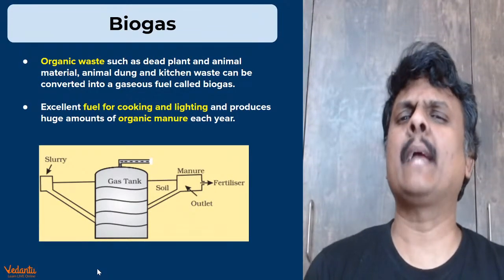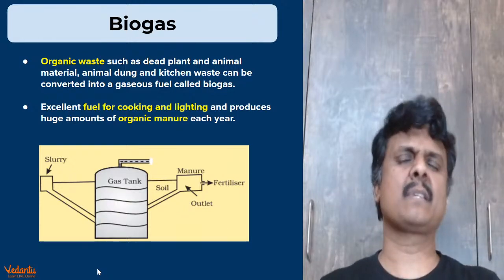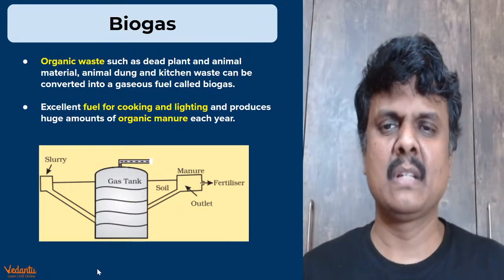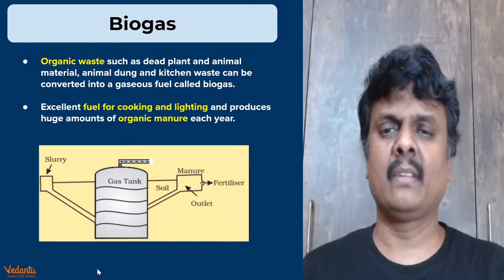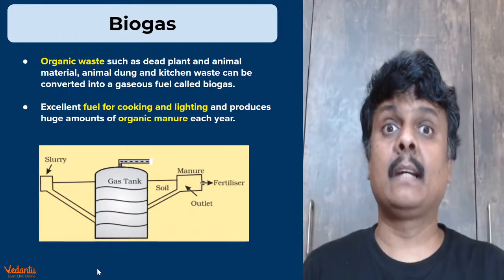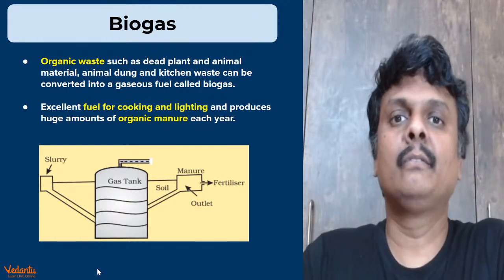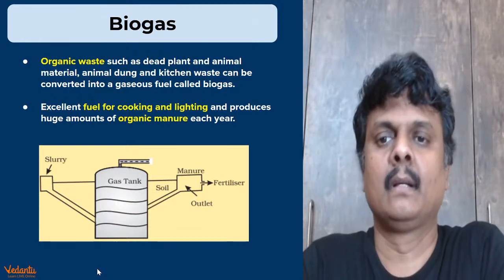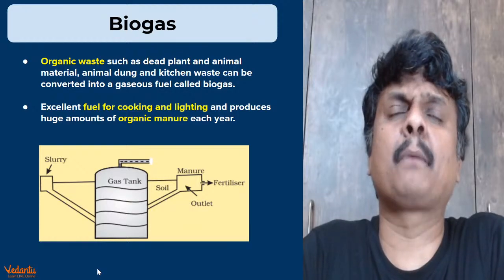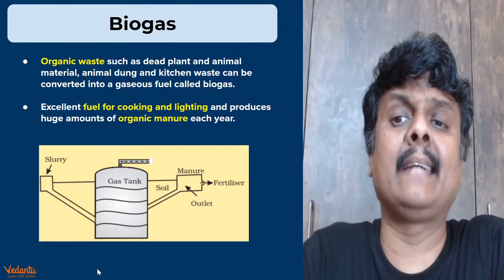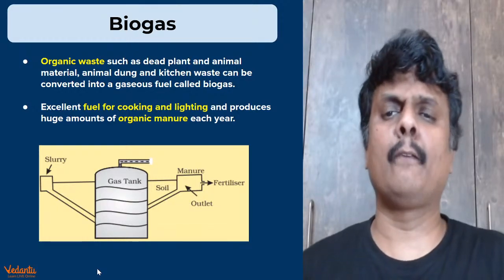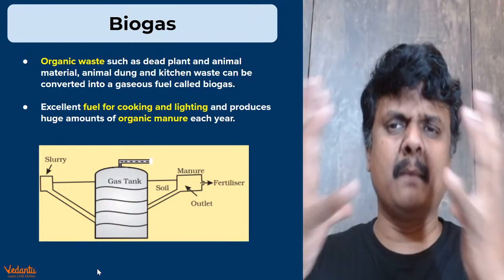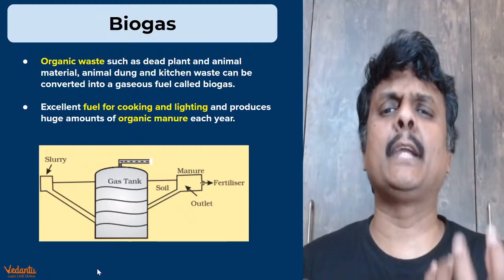Now coming to biogas. So guys, biogas is typically made from biomass: dead plants, animals, all decayed stuff, dung, kitchen waste, everything converted into fuel, which we call biogas. Biogas is a very preferred system for cooking, lighting, etc. And by compressing biogas, you get a lot of organic manure every year.